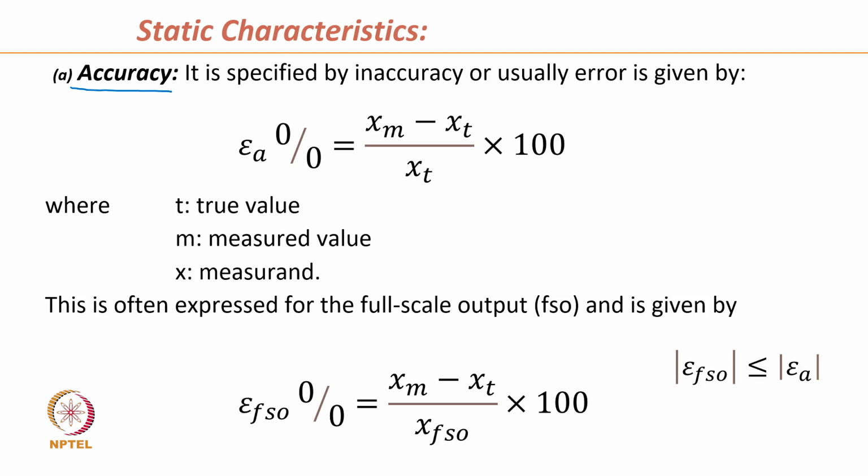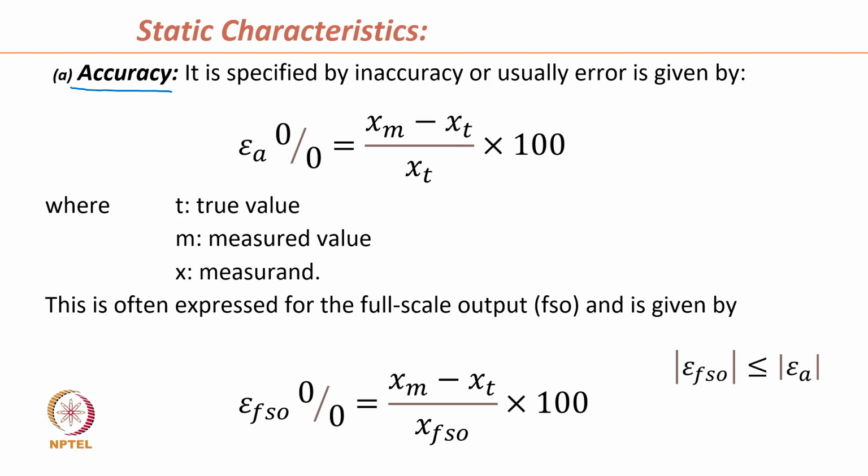The accuracy is specified by actually inaccuracy, or usually error in the measurement, and the formula for error is given like this: epsilon A, which is the error in percentage, is equal to (xm minus xt) divided by xt, into 100, where xm is the measured value and xt is the true value of the measurement.